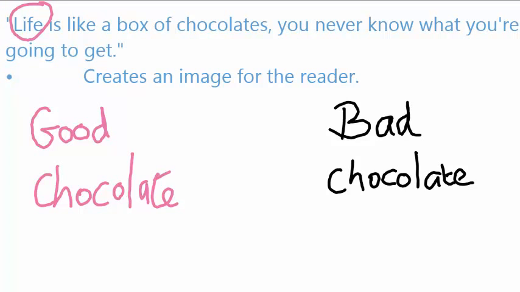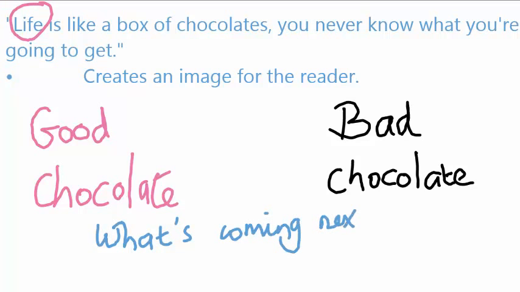So in life, there are times when events happen which are not good, and sometimes events which are bad. So that's your experience in life. What's coming next, or what chocolate you're going to choose next, or what events are coming next, is never certain. You make choices, but you never know for certain what's going to come in life, and you never know what you're going to get as a chocolate.